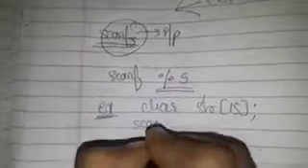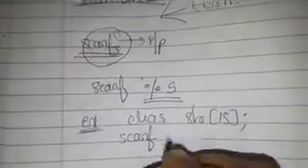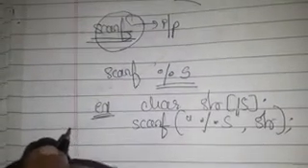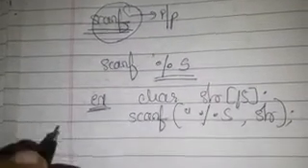For example, char str[15]. If I want to read a string str, how to take this? That is scanf("%s", str). Very simple.